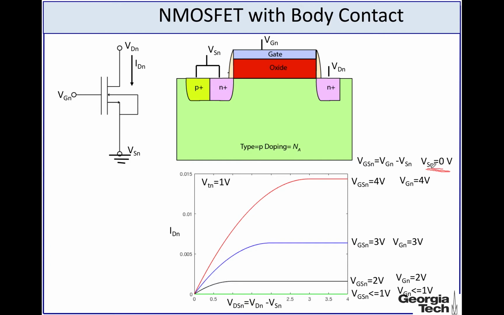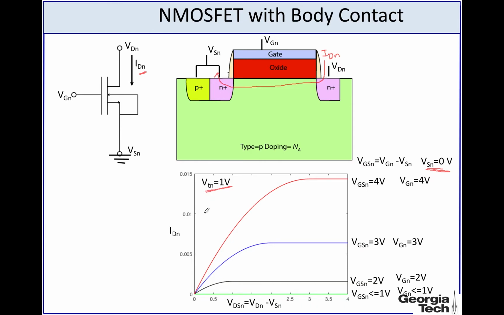Now IDN is the current that is flowing through the drain of this MOSFET, or through this path. What we have seen before is that, for example, in this case the threshold voltage is 1 volt.